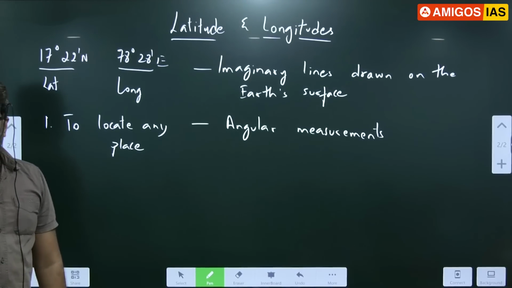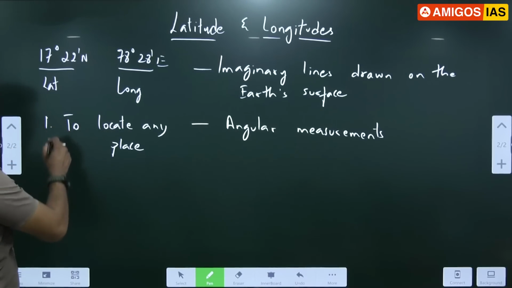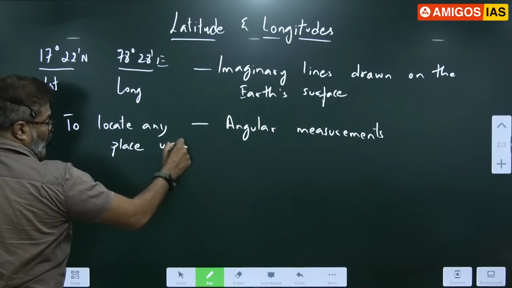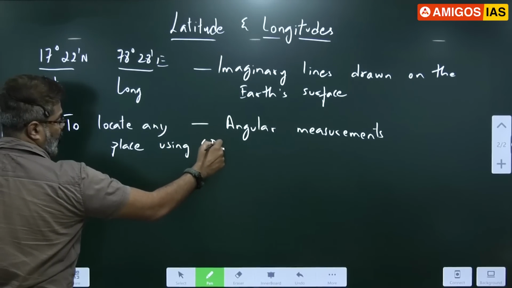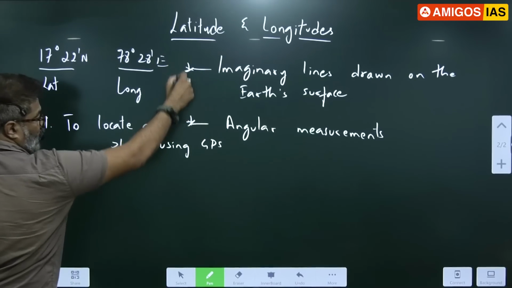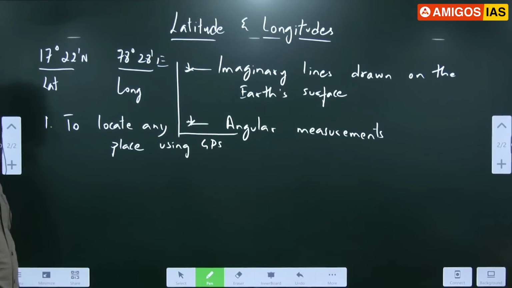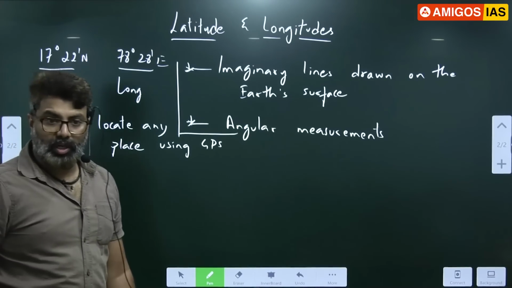So latitude, longitude, first application is what? To locate any place, using GPS, the Global Positioning System.